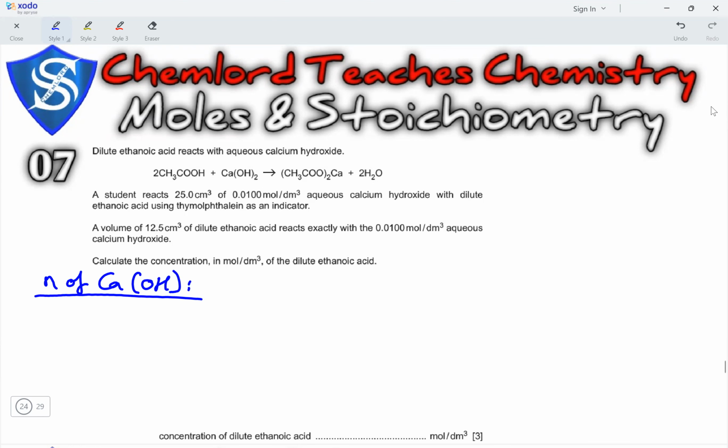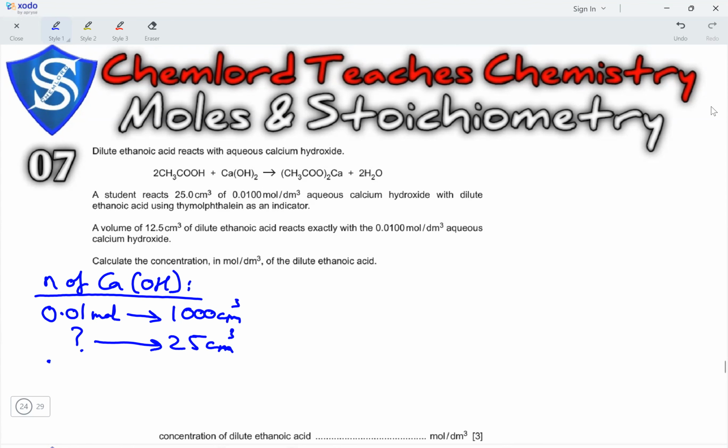And how do we do that? We use the concentration, which is 0.01 mol per dm³. So 0.01 moles are present in 1000 cm³ of the solution, because 1 dm³ is equal to 1000 cm³, and the volume used is 25 cm³. So we calculate how many moles would be present in 25 cm³ of the base.